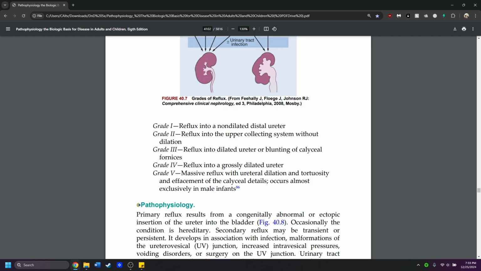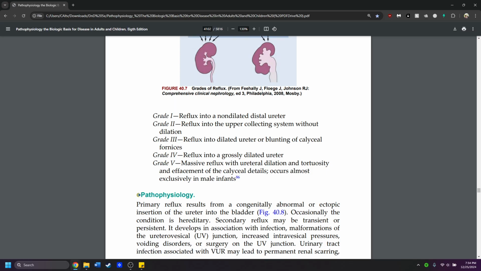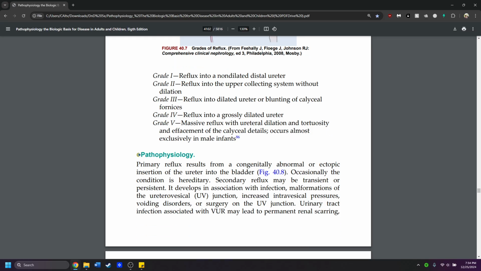Grade 3, reflux into a dilated ureter or blunting of a calyceal fornix. Grade 4, reflux into a grossly dilated ureter. And then grade 5, massive reflux with ureteral dilation and tortuosity and effacement of the calyceal details. Occurs almost exclusively in male patients.